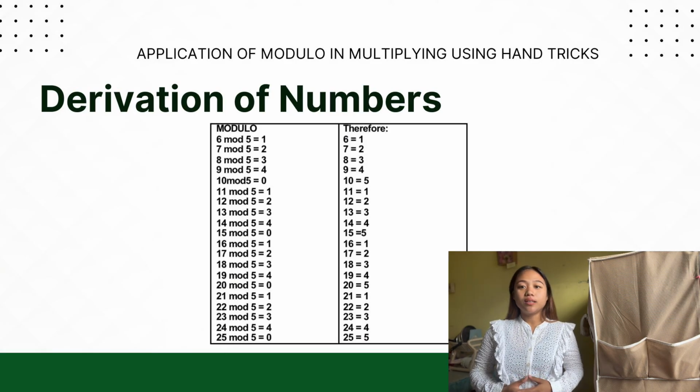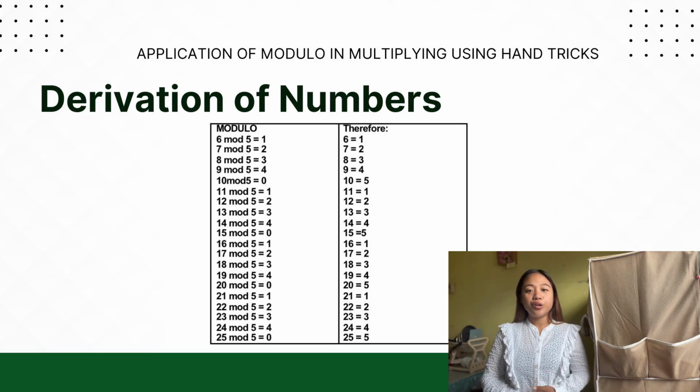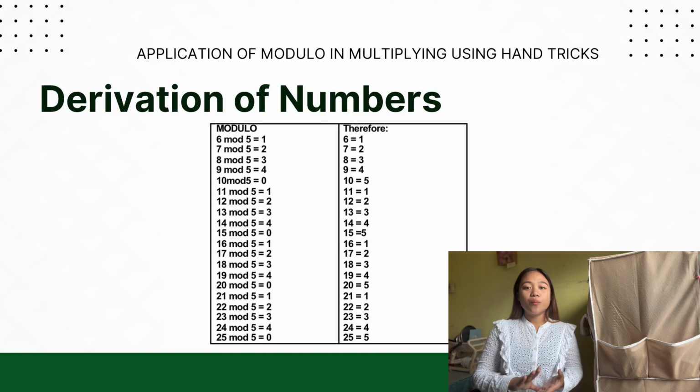This table explains how a particular number becomes another number or has another value. As you can see, we have numbers 6 up to 25, wherein 6 mod 5 is equal to 1, 7 mod 5 is equal to 2, 8 mod 5 is equal to 3, 9 mod 5 is equal to 4, 10 mod 5 is equal to 0, and 11 mod 5 is equal to 1, 12 mod 5 is equal to 2, and so on.